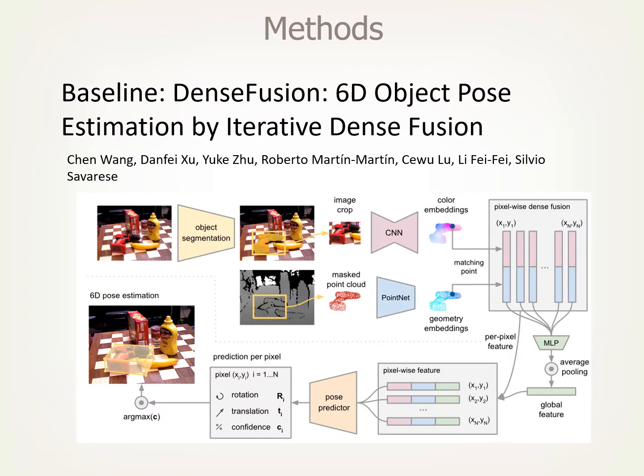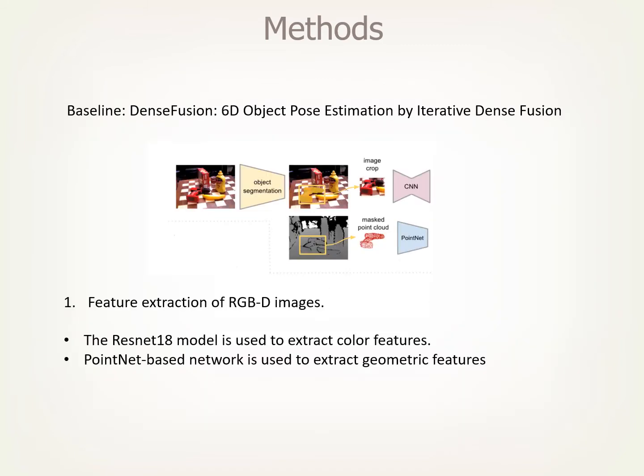Our baseline method is DenseFusion. 6D object pose estimation by iterative dense fusion is a two-stage process. The overview of this method is shown in the figure. Firstly, the target object is detected in the input color image using segmentation. After that, the color and the depth images are cropped based on the segmentation.